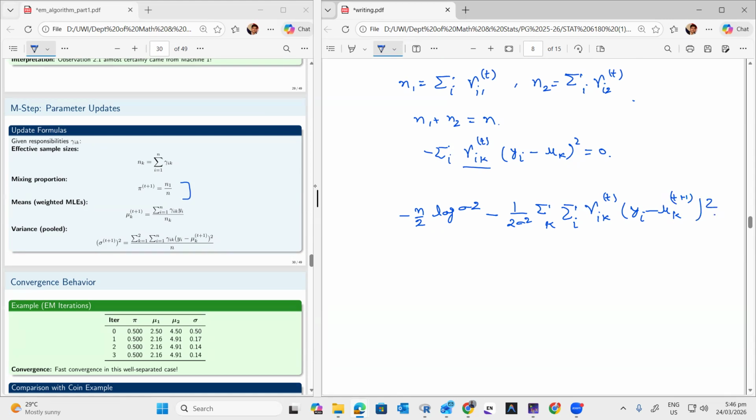After differentiating with respect to sigma square and putting it equal to 0, we get this formula.